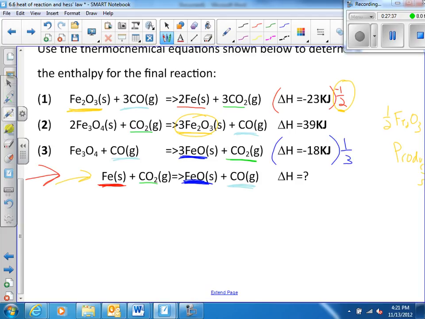So I'm going to have to multiply this by a negative number to get this Fe2O3, iron(III) oxide, over on the reactants. And I need 1/2 of them. I have 3. How do I turn 3 into 1/2? What do I multiply 3 by to get 1/2?